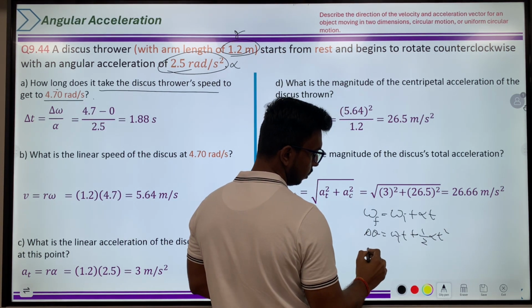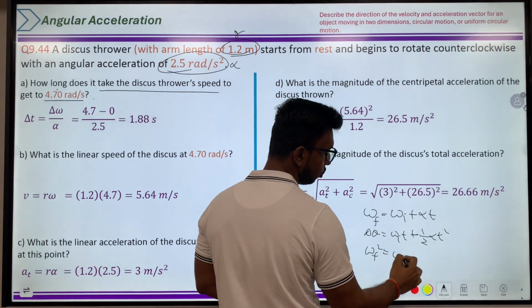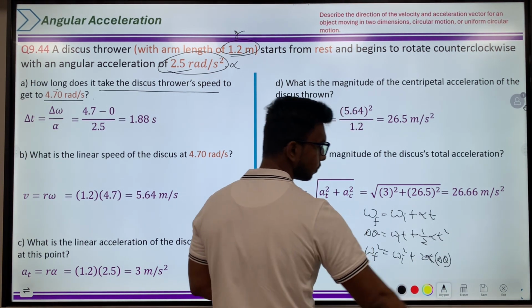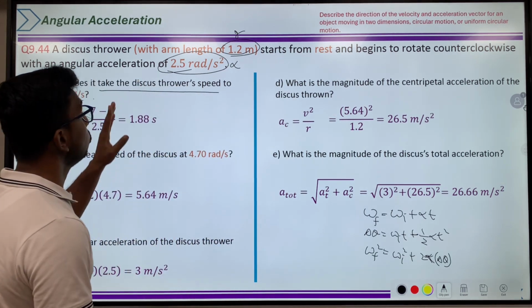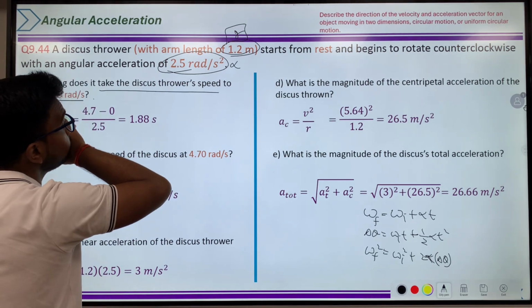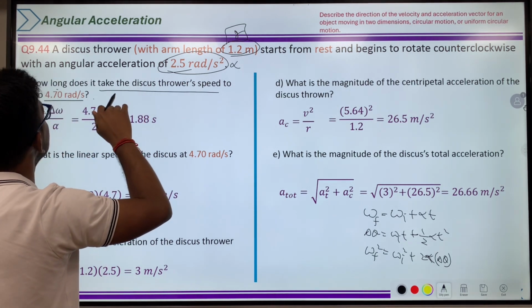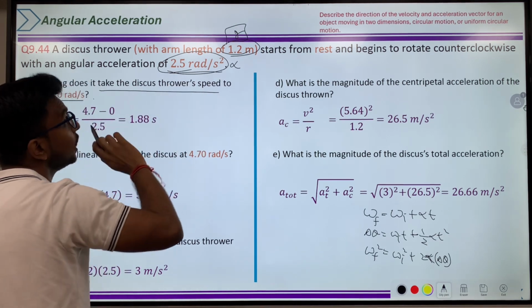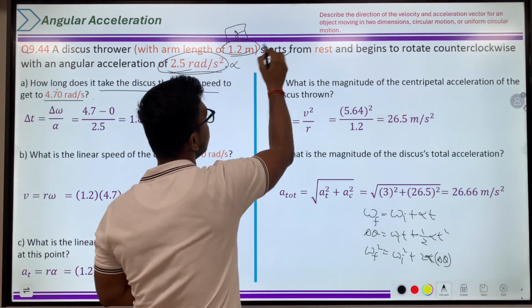And omega final square is equals to omega initial square plus 2 alpha delta theta. These are the relations. You already have r, radius. From here, you can find out, this is alpha, which is given. Omega initial, he starts from rest, so omega initial is 0.